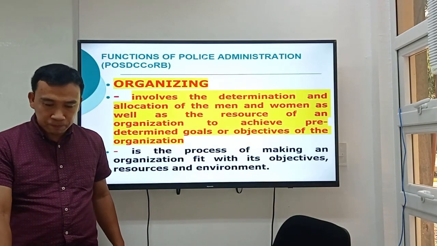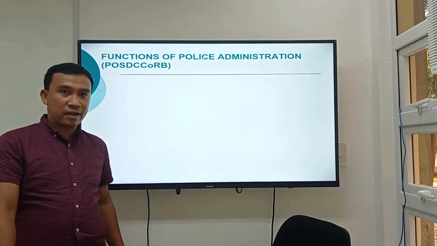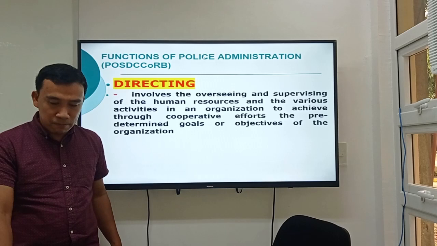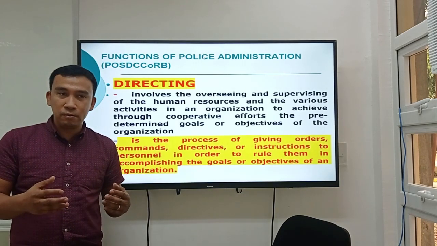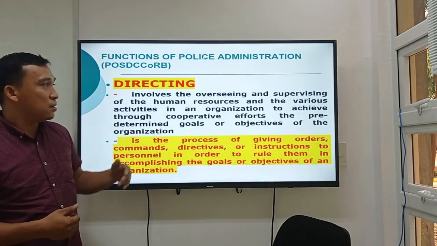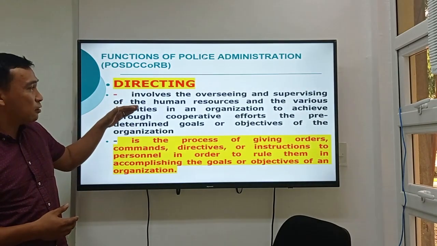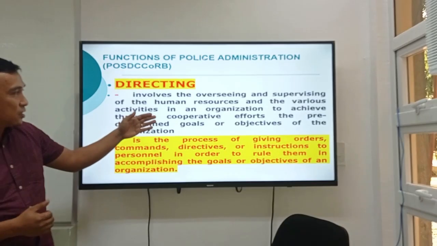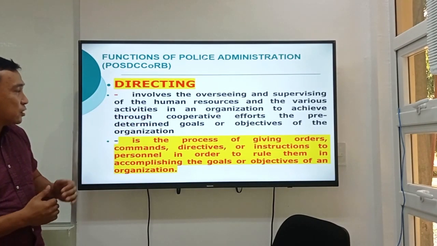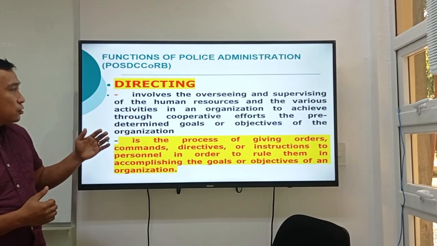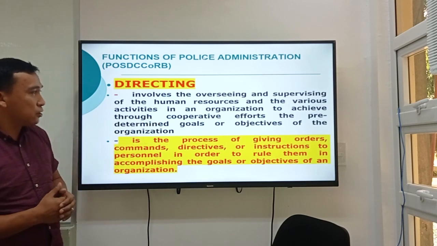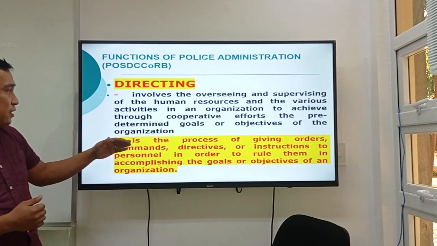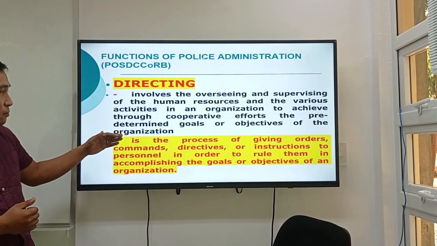Number 3 is directing, another function. Directing involves the overseeing and supervising of the human resources and the various activities in an organization to achieve, through cooperation and cooperative efforts, the predetermined goals or objectives of the organization.